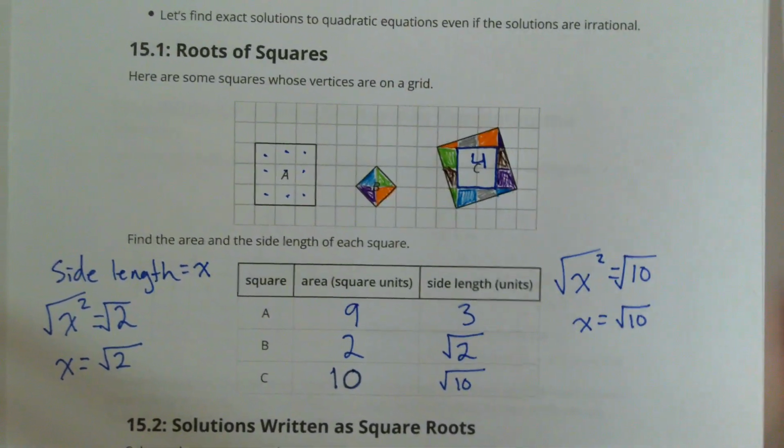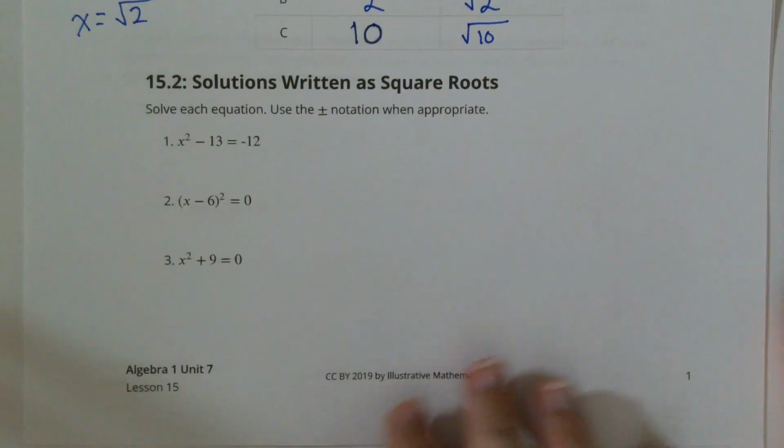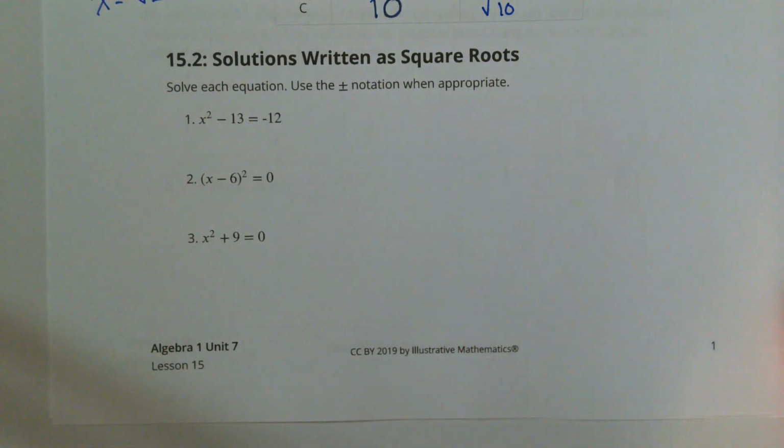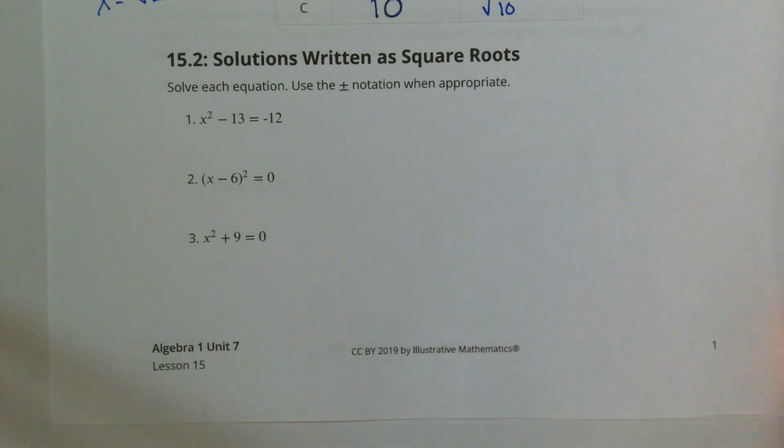Okay, so let's look at 15.2, solutions written as square roots. Okay, so it says solve each equation, use the plus minus notation when appropriate. And I'll explain the plus minus notation when we get to that point.